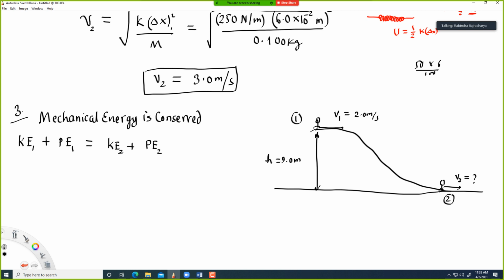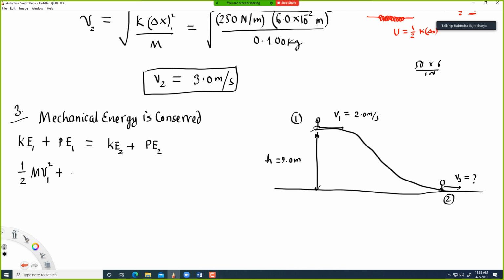Okay, so let's write down the formula for kinetic energy and potential energy. Kinetic energy is 1/2 mass times speed squared, and the speed is at 1, so let's write that as v1, because I don't want to use the same letter for final and initial, so I need to differentiate final and initial.